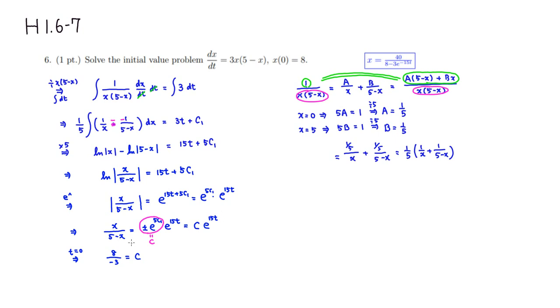Alright, so actually I'm going to set this aside, and I'm going to go ahead and solve for x. From here, I'm going to multiply both sides by 5 minus x. So x is going to be equal to 5c e to the 15t, and then minus c e to the 15t times x.